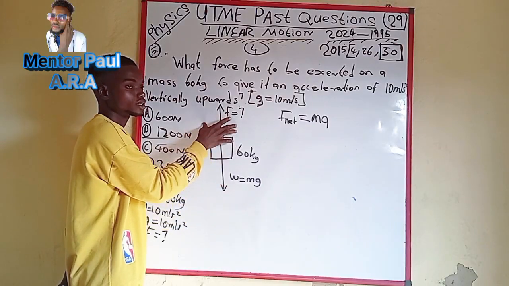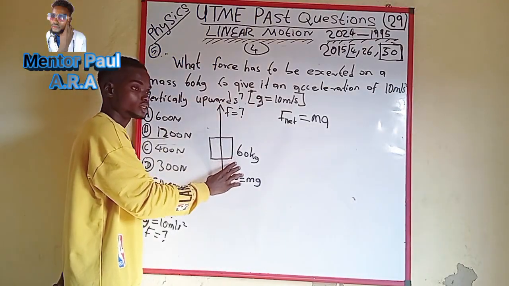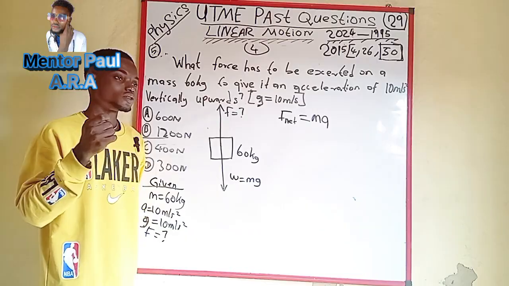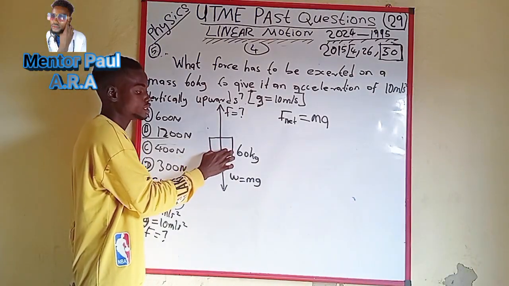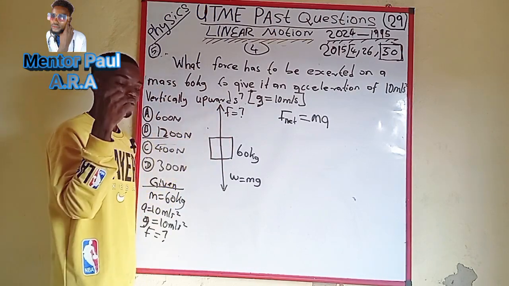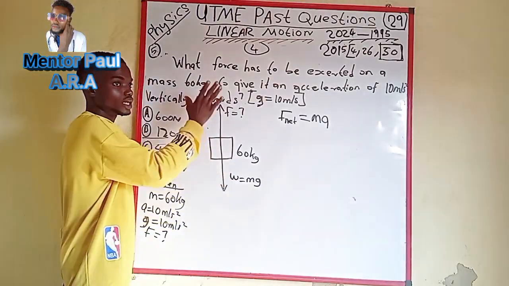If I subtract the force that is pulling it down from the force that is pulling it up, I'm going to have what I call the net force. The net force is what is going to let this body move up. So I'm going to need a force that is going to overcome the force that is pulling it down.